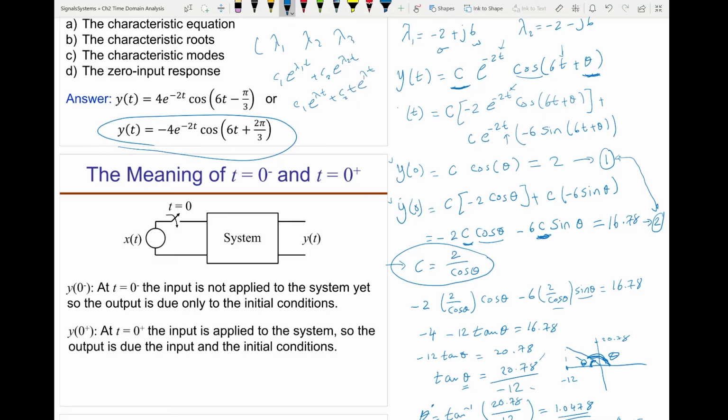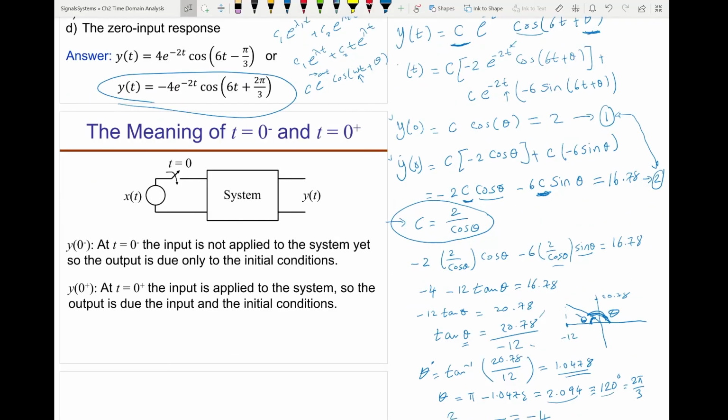Third possibility, they are complex roots. Then the solution will be C e^(sigma t) cosine of omega t plus theta, where for the complex root, the real part is sigma and the imaginary part is omega. Sigma is the decay rate, omega is the oscillation rate.